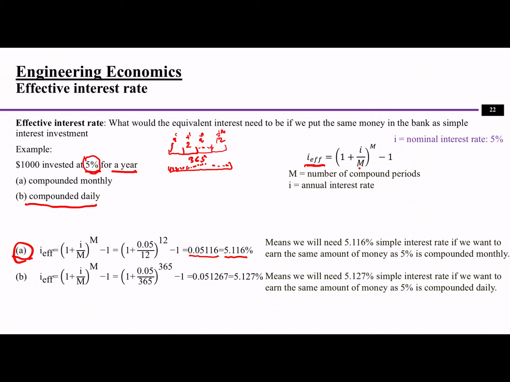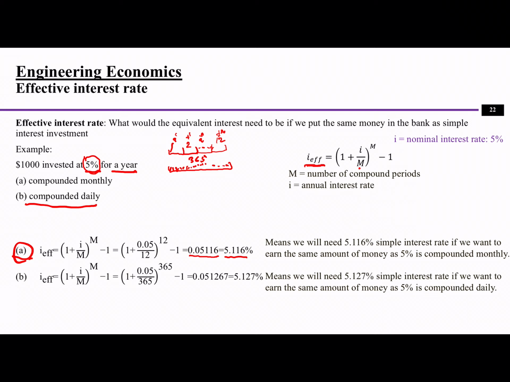So, for example, if you go to a bank and want to invest $1,000, maybe the banker will tell you that you have two different options. One option is a 5% annual rate that is compounded monthly. Another option is 5% simple interest rate.